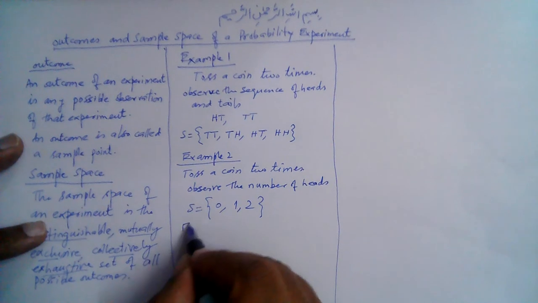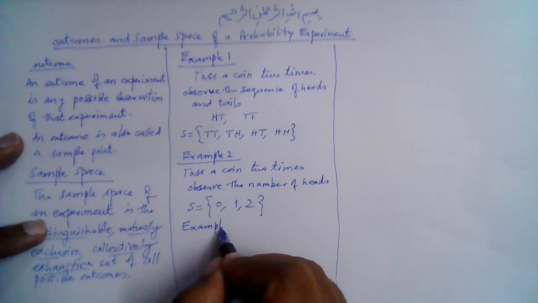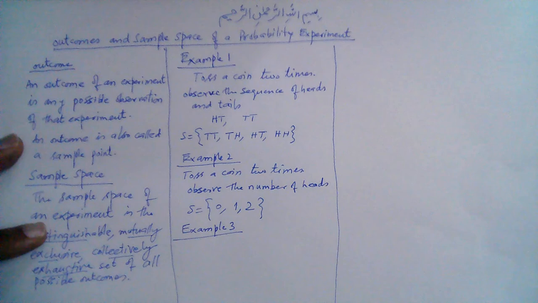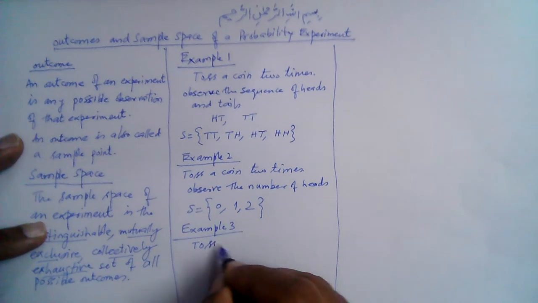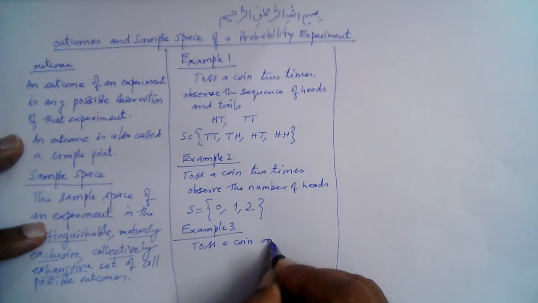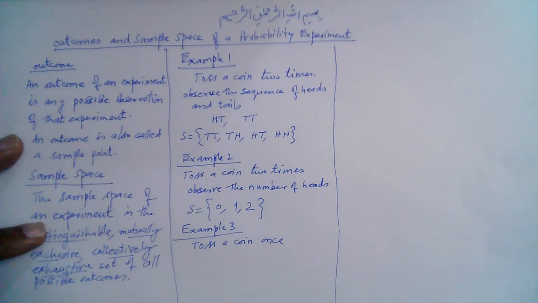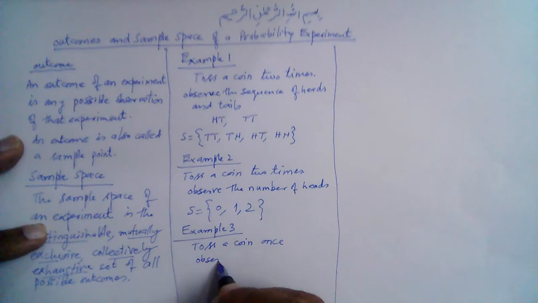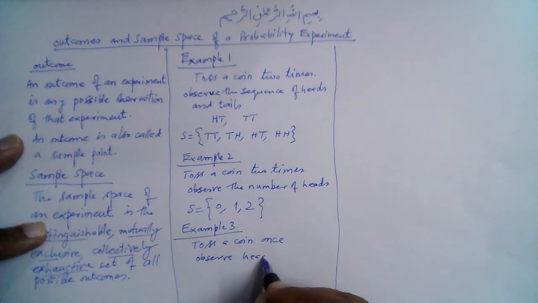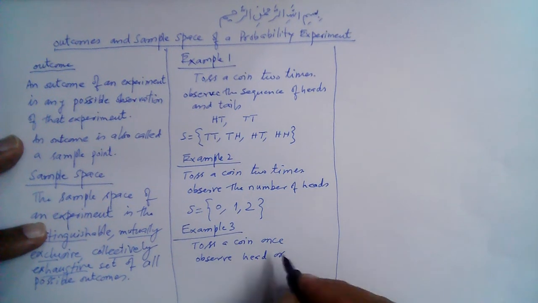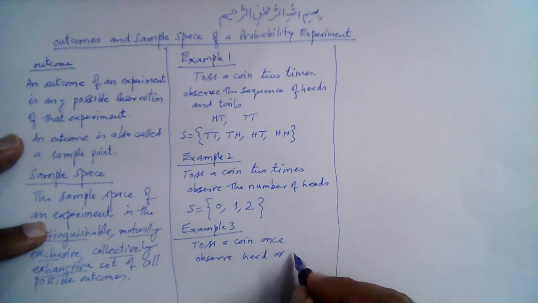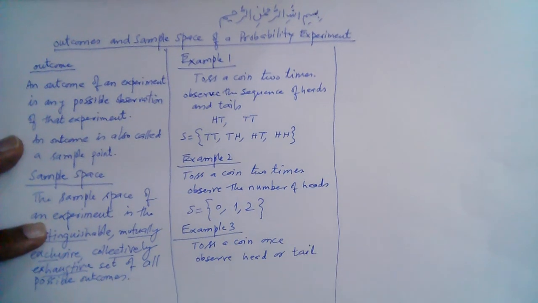So let's further elaborate this with another example. For example, toss a coin only once, right? So observe head or tail. There are not many observations that we can make from this experiment. So observe head or tail, right?